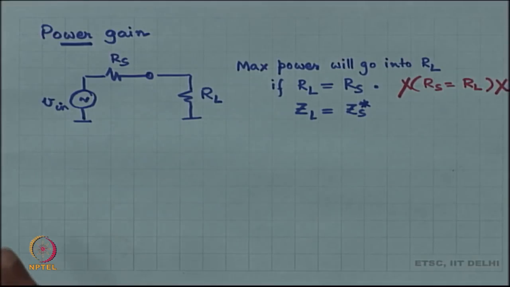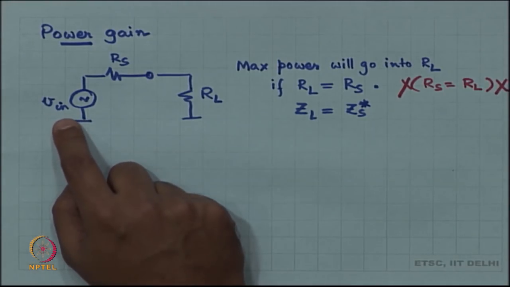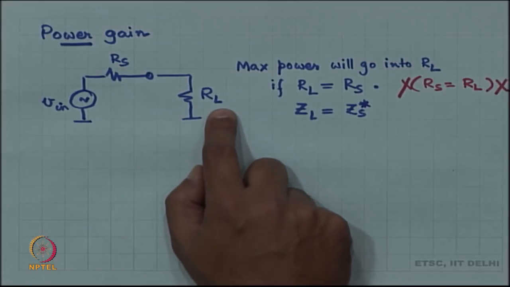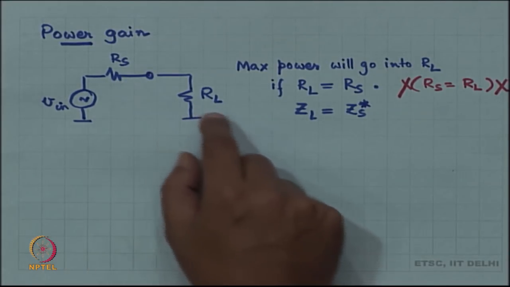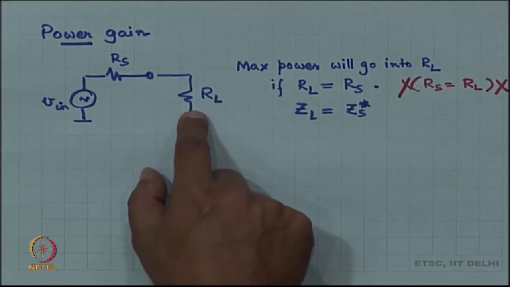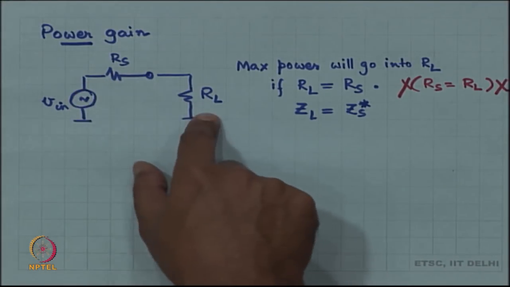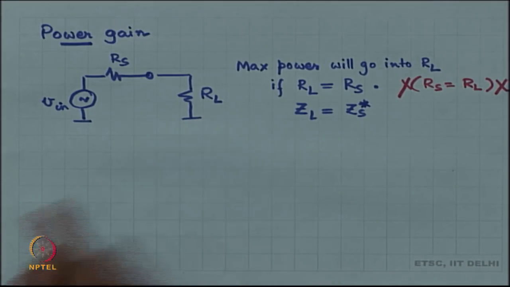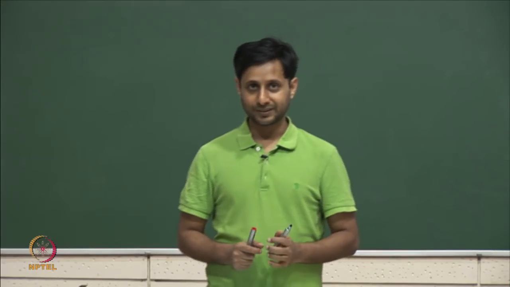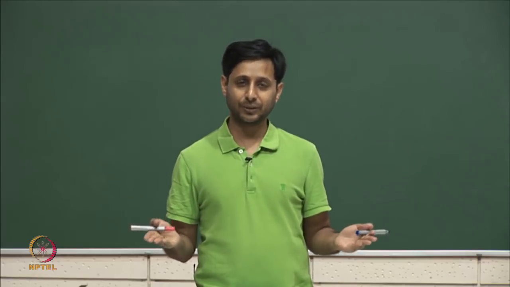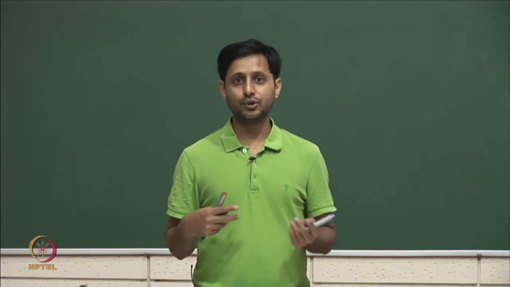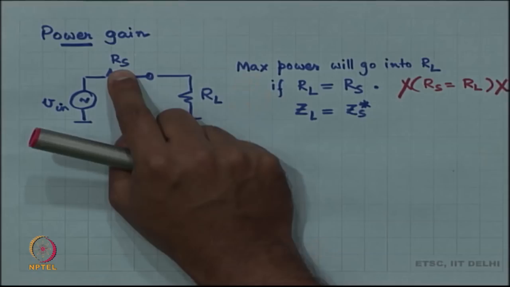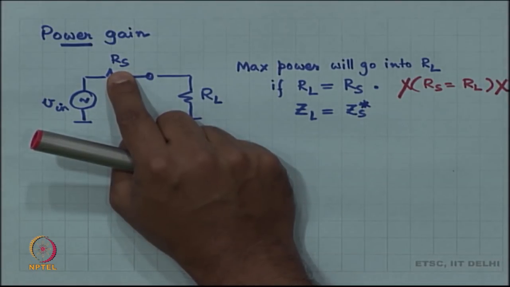It is not: if I have a Vin over here and Rs over here, maximum power is transferred to ZL if Zs is equal to ZL star. No. Okay. Why not? Because maximum power will be transferred into ZL if Zs is equal to 0. If you have any flexibility in choosing the value of the source resistance, then the source resistance should be equal to 0.